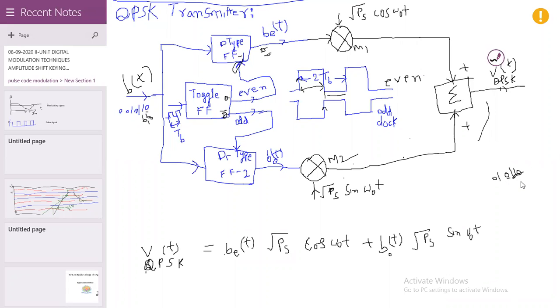At a time two bits are not changed. In non-offset QPSK, if 1 0 is transmitted, after that another whole symbol is transmitted. Not like that in offset QPSK, where 0 is transmitted and then 1 is transmitted. That is a continuous process.